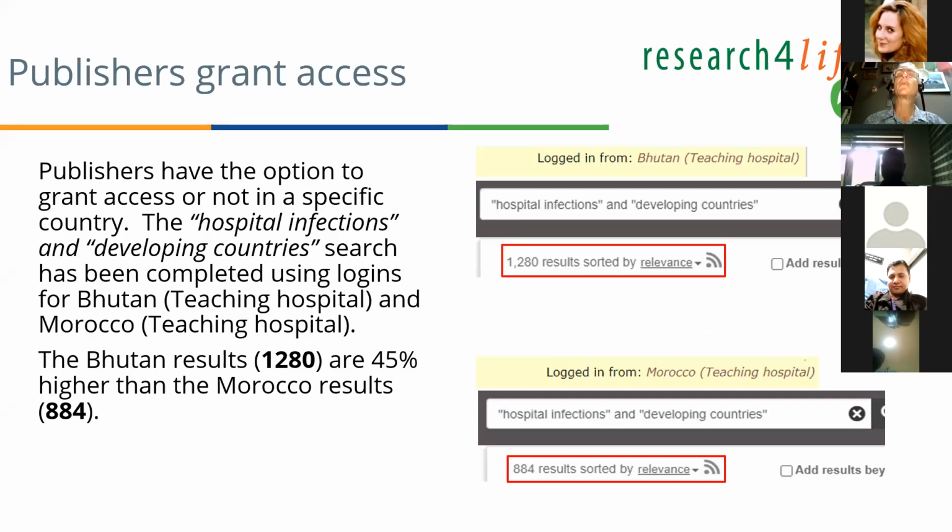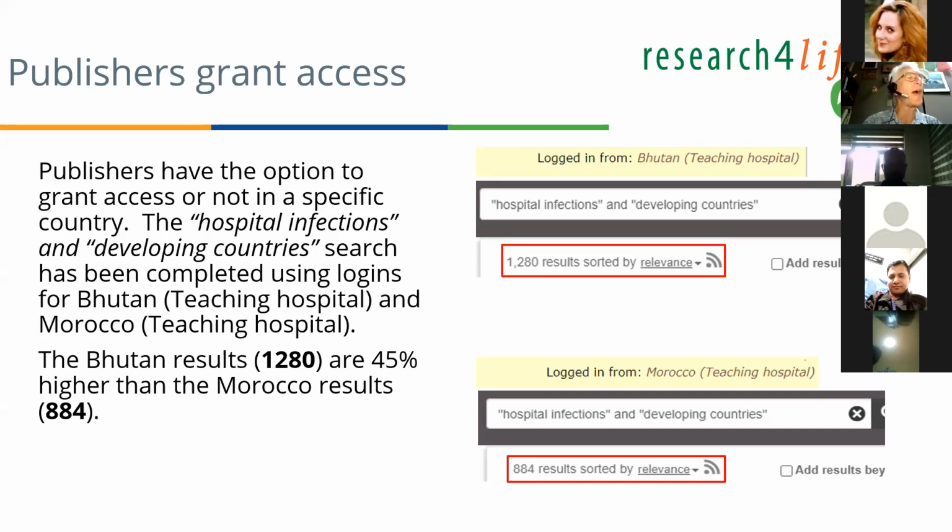I've done the same search in Bhutan, which is a poor landlocked country near India and China and Nepal, and has very few publishers not granting access. So you get 1,280 results sorted by relevance. Then I did this in a group B country, Morocco, and you see hospital infections in developing countries, 884 results.